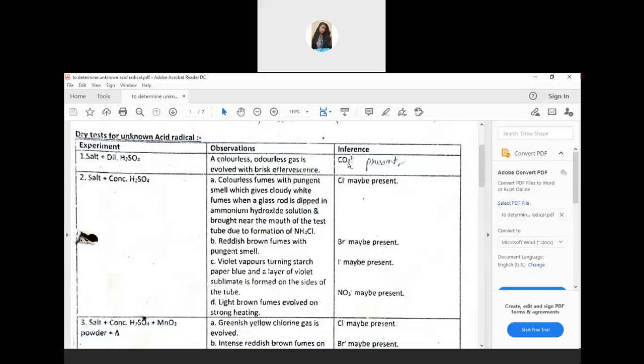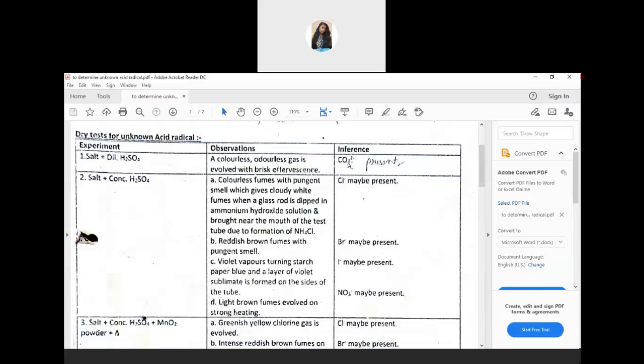If you see it, that means carbonate ion is present, and in the inference you have to write that carbonate ion is present. If you cannot see the colorless, odorless gas, carbonate ion is absent, and in the inference you write that carbonate ion is absent.